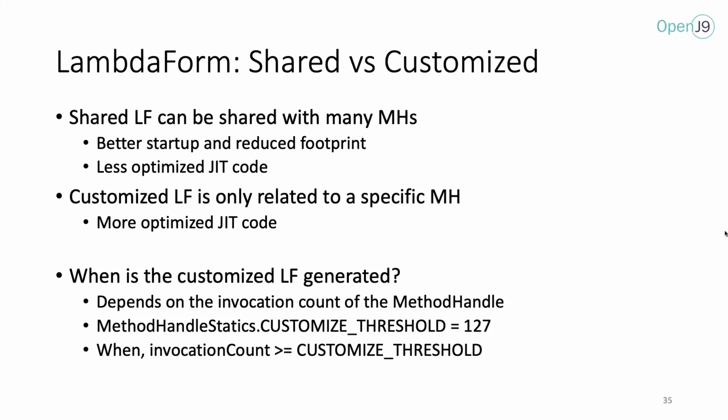So when do we share and when do we use the customized versions of LambdaForm? There's again profiling involved here. In order to not negatively impact startup and footprint, we do not instantly customize the LambdaForm. We look at the method handle's invocation count, how many times a method handle gets invoked, and we use a threshold, and this threshold is set to 127. If the invocation count exceeds this threshold, then the Java API decides it's time to customize a LambdaForm, and it generates a customized LambdaForm.